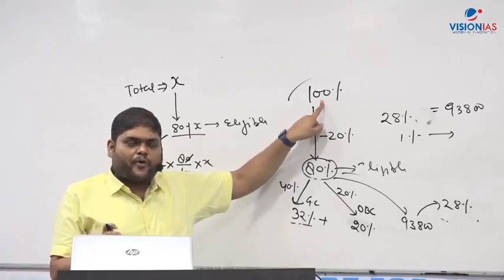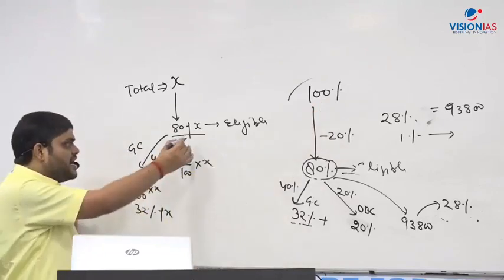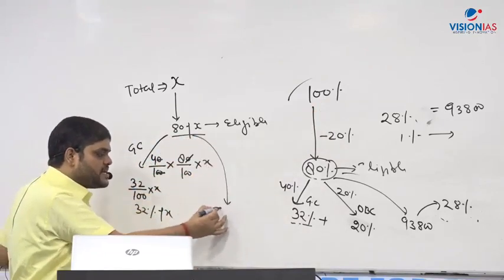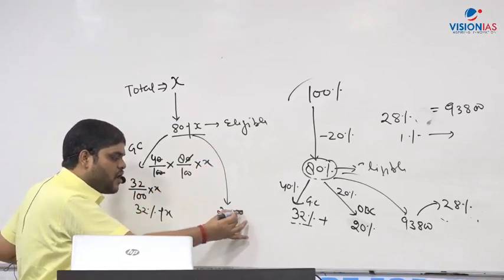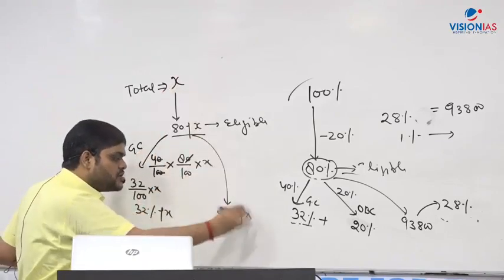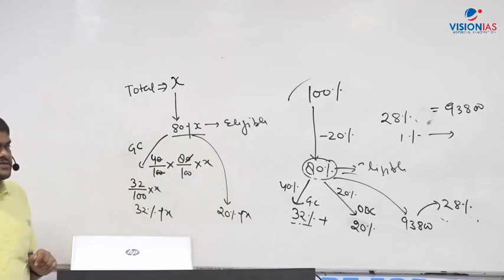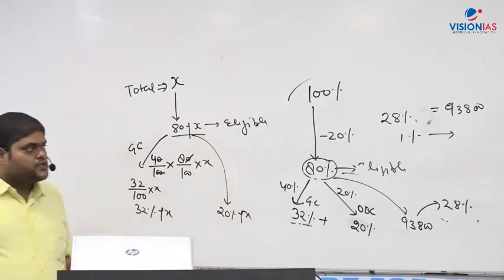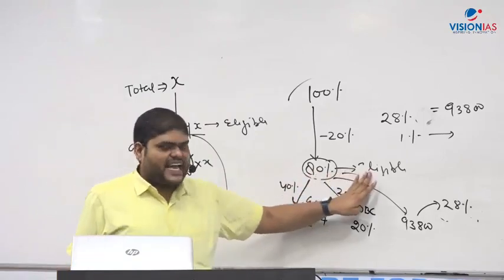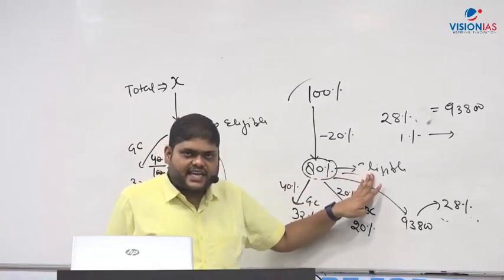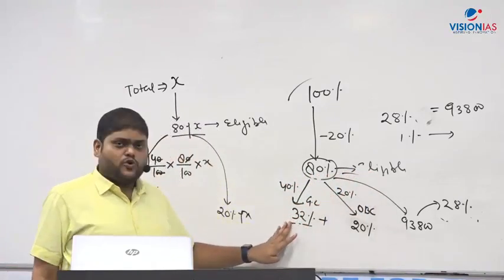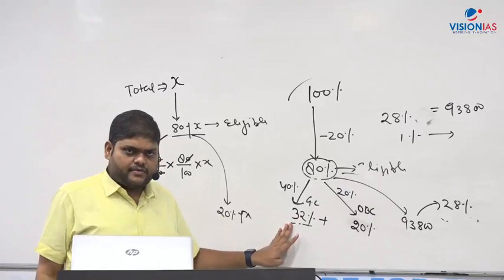Are you getting my point or not? So this OBC becomes 20% of X. Out of the 80% eligible candidates, 32% are from the general category.